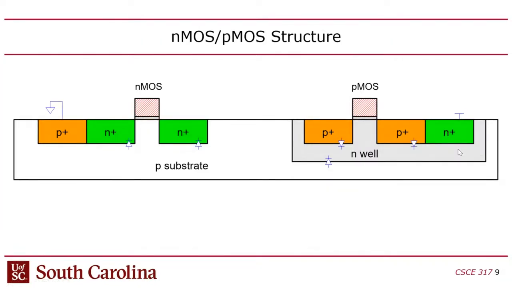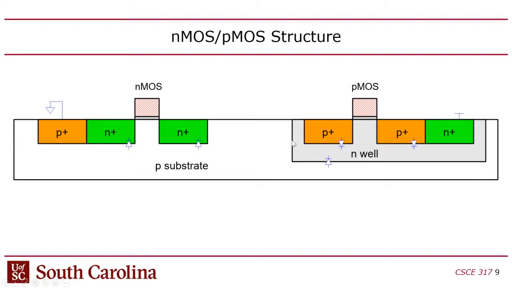So now you might be saying, wait a second, how do we build these things in the same substrate? Well, I found this picture, which I think shows it pretty well. For the nMOS, most chips have a P-type substrate, so the nMOS diffusion areas are just injected straight into the substrate.